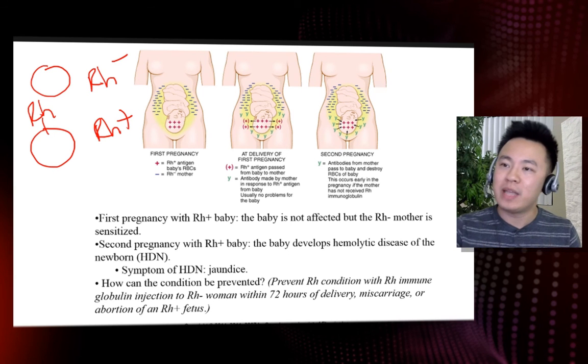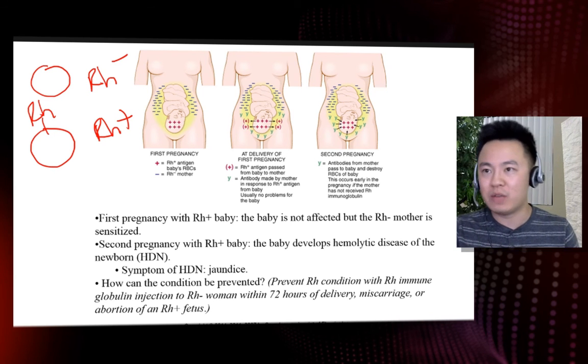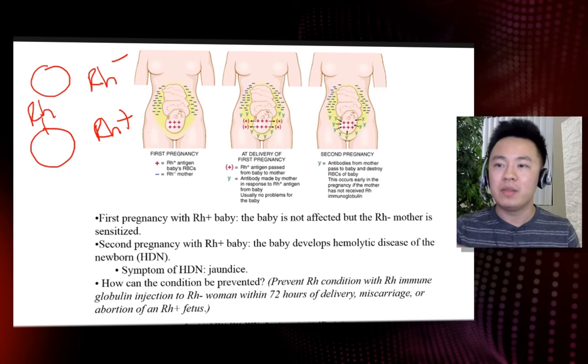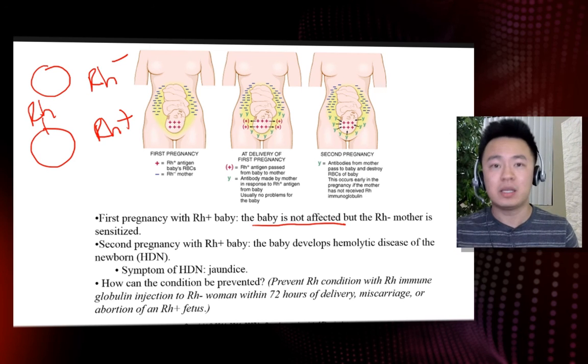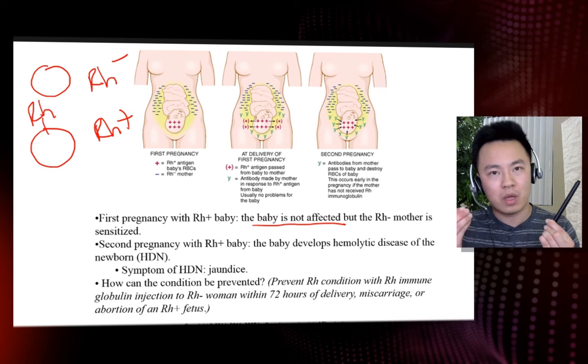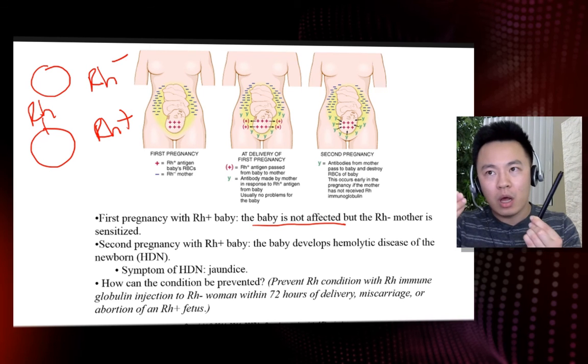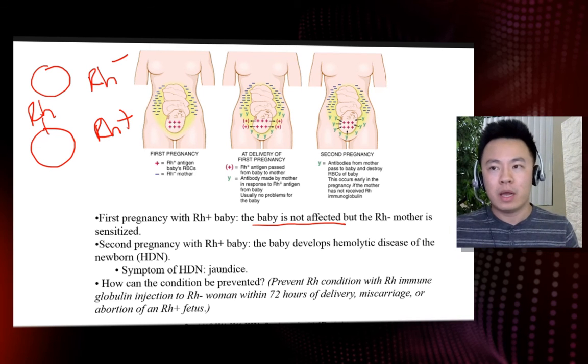So let's take a look at the first pregnancy. Of course, the baby has the Rh antigen on his or her red blood cells, and the mother does not. In this lucky case, the baby is not affected because the mother has yet to develop recognition for that particular antigen.